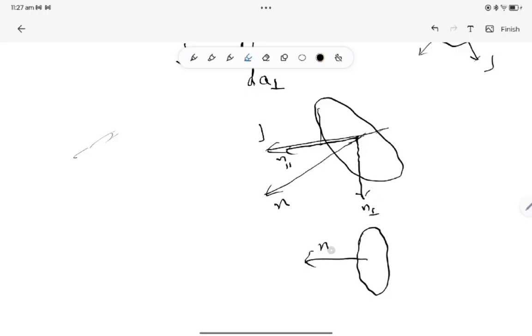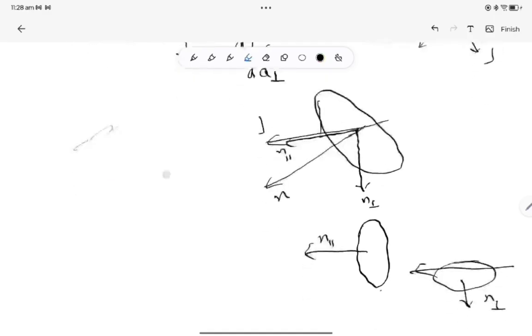This is normal and parallel, and another will be this perpendicular. Now this will not contribute to flux of current density, because current density will be parallel to it. Only the perpendicular component of area counts. You see it is perpendicular to this normal. That is the area that I am mentioning here.